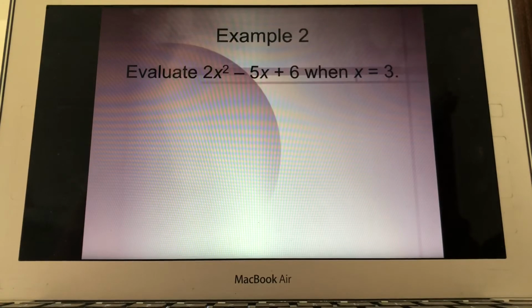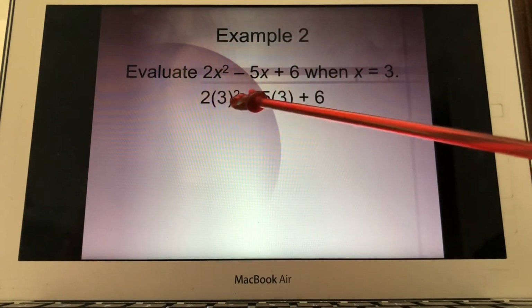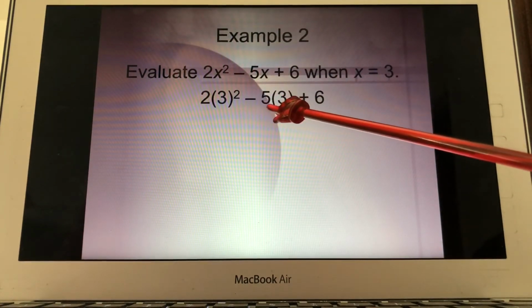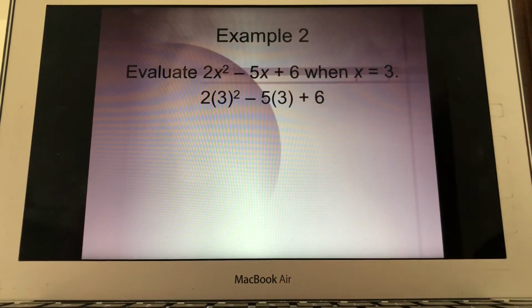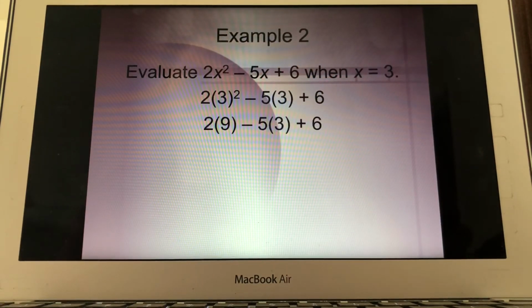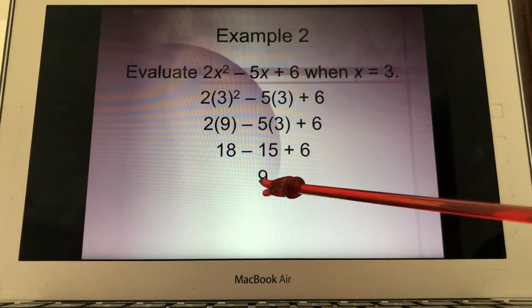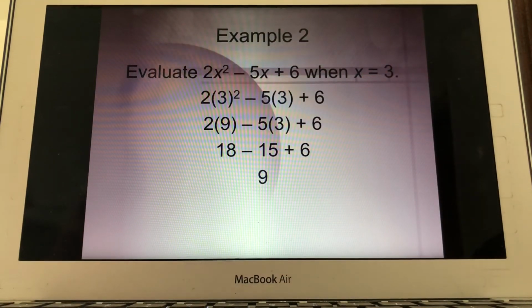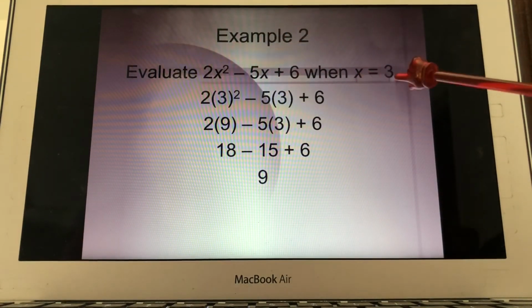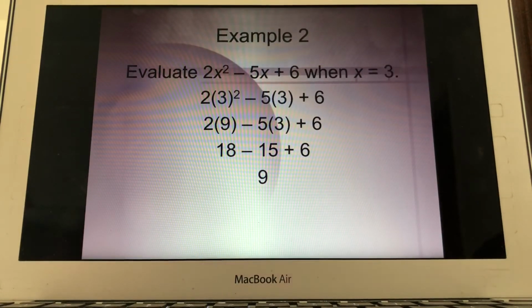And you're going to have 2 times 3 squared, 5 times 3, and then plus 6. When you simplify all that, when x is equal to 3, the polynomial equals 9.